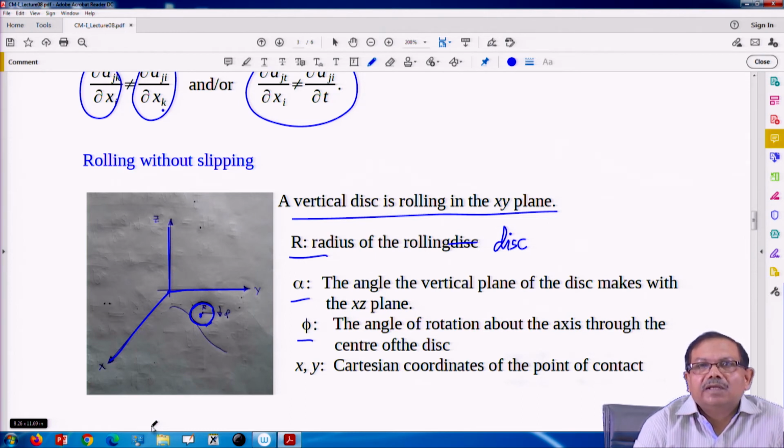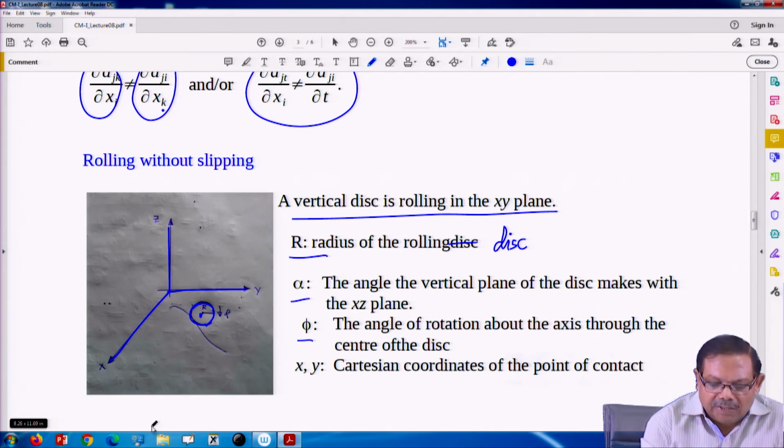Now I watch the rolling motion and see how this marked radius makes some angle with a reference line, some horizontal line passing through the center of the disc and in the plane of the disc.